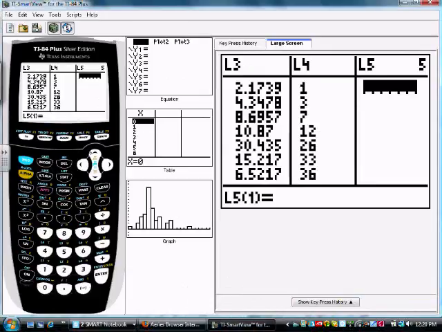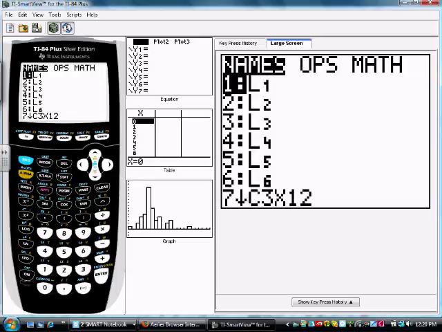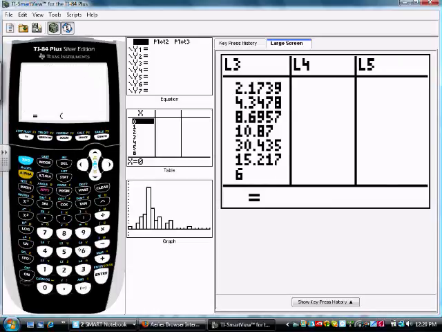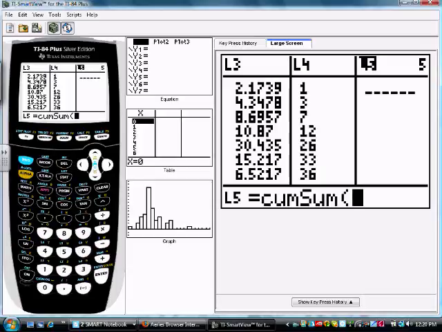So in list 5, I'll go second stat ops number 6. Cumulative sum. We can do a cumulative sum now of list 3, or we could do a lot of algebra and do it from list 2, but we've got it in list 3, so let's just do it for list 3.